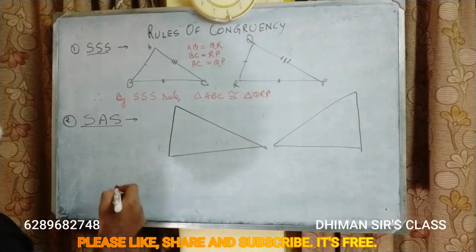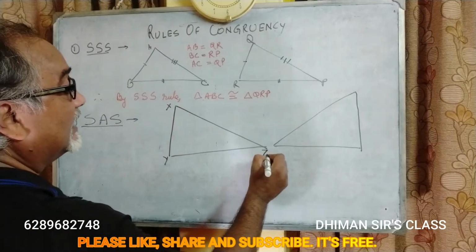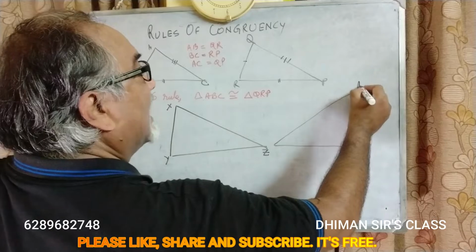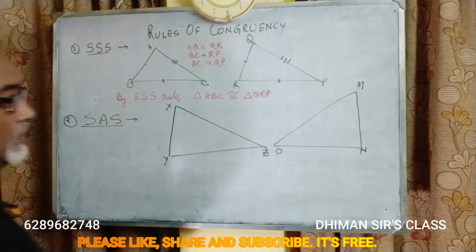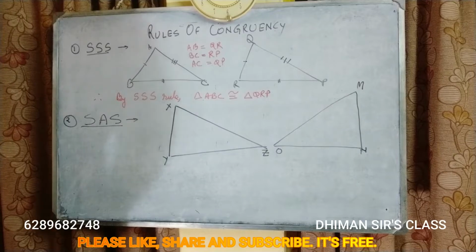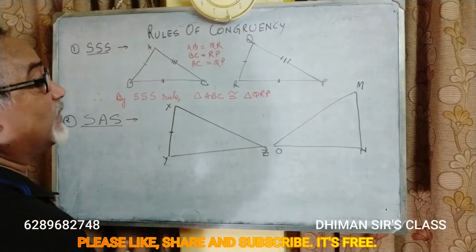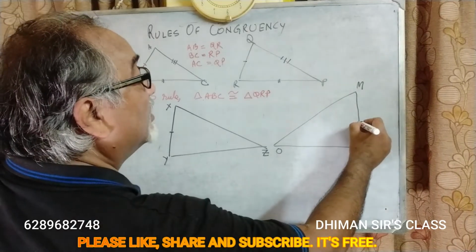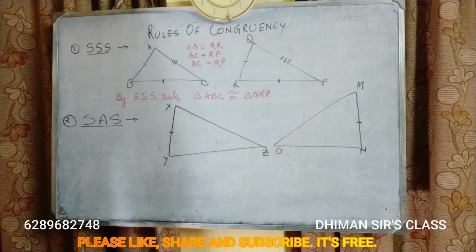So suppose this is X, Y, Z, and this is M, N, O. Now here, suppose this side XY is equal to MN. Okay?